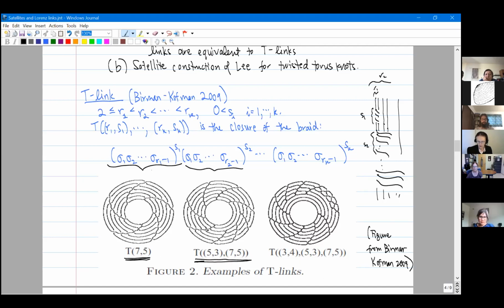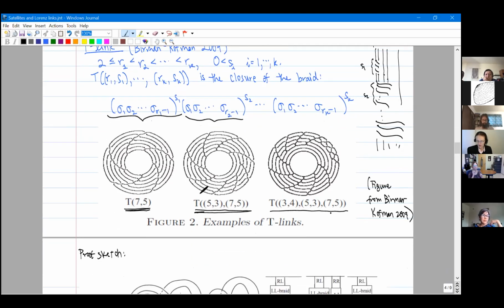You take your torus knot (7,5), and then you grab, in this case, 5 of these strands, and you take 3 overcrossings of those, and then you connect everything up. In this last one, you've got 3 pairs. You start with this previous picture, only now you grab 3 strands over here, and then you put in 4 overcrossings over here. Okay, so this is a T-link.